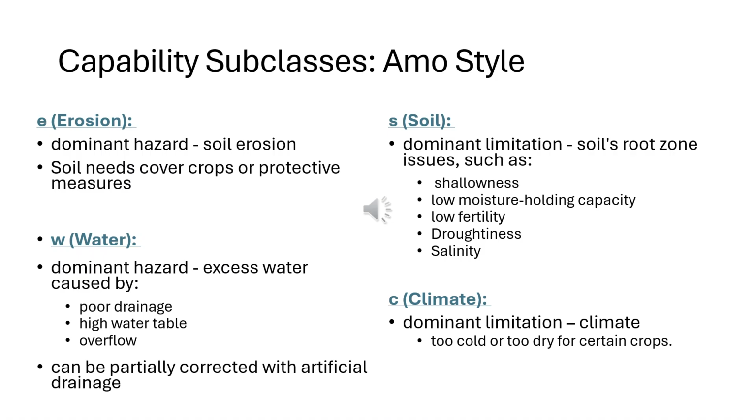Okay, so remember, temperature and precipitation for climate. This is how I kind of organize these to help understand them. Think through the process of identifying the hazard, what could cause it, and maybe what could be done to manage it or mitigate it.